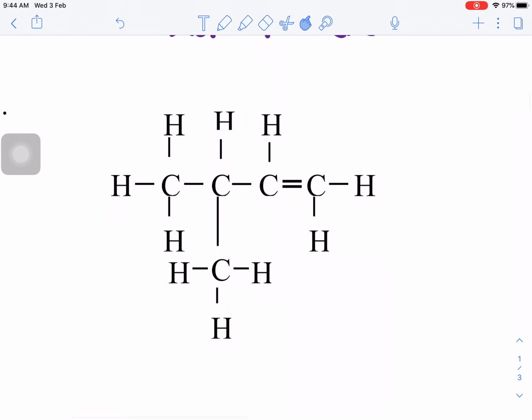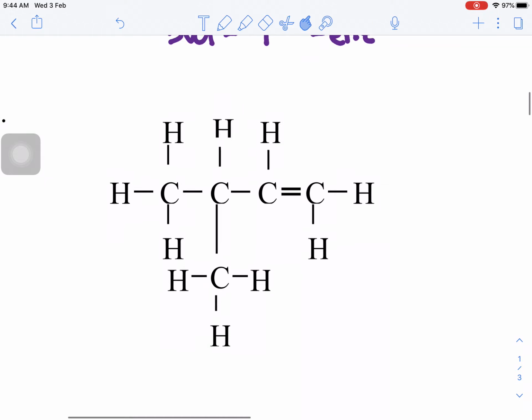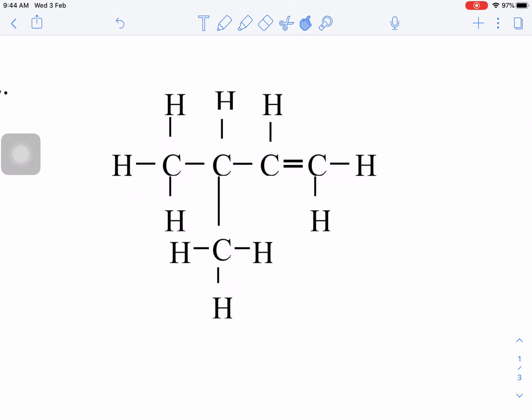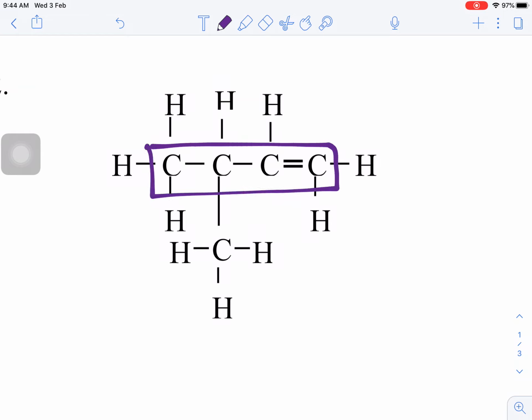Next. Okay, now we have a branch. So the longest chain, 1, 2, 3, 4. Make sure the longest chain has the carbon-carbon double bond. And we have one branch. When we name the carbon-carbon double bond for an alkene, we start numbering 1, 2, 3, 4.